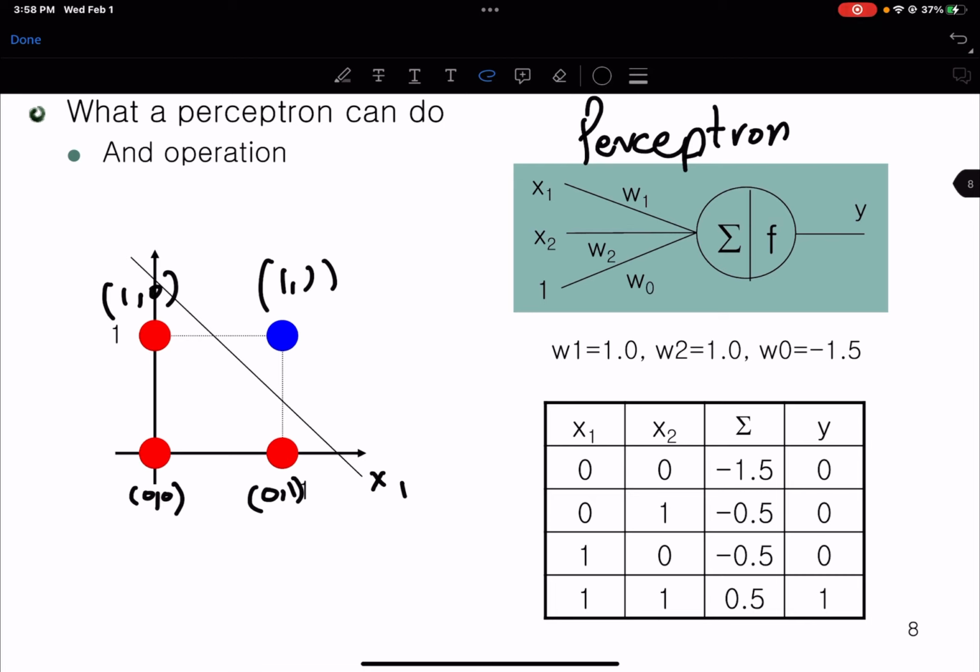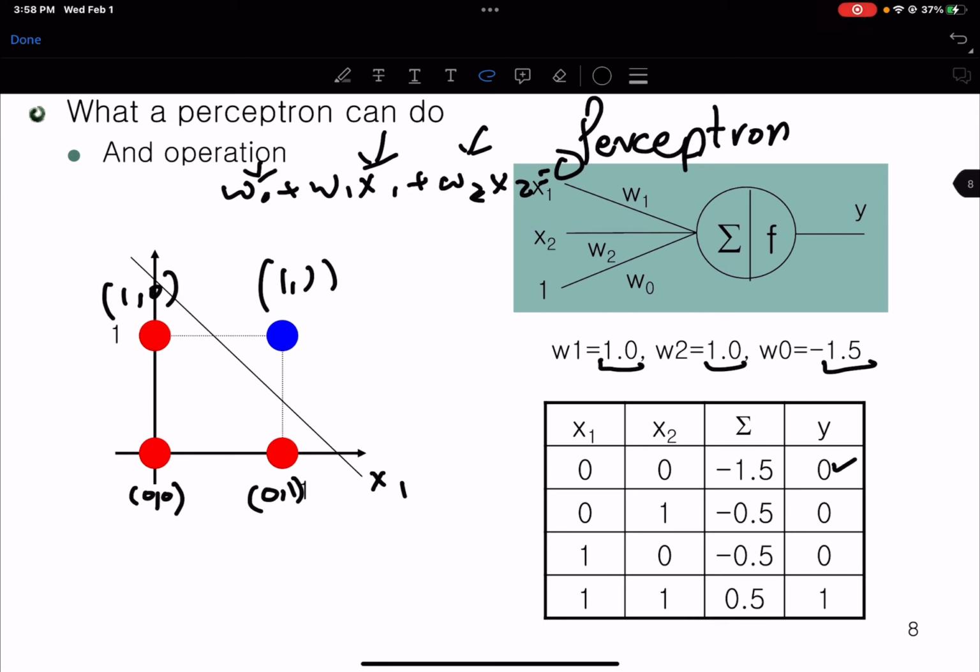We define our W1 and W2 in the equation. Simply put the values of W's such that you get these values. So these are the suitable values of W1, W2 and W0.